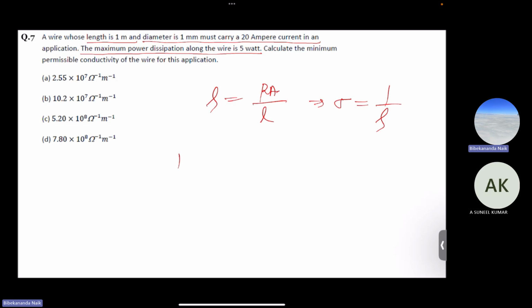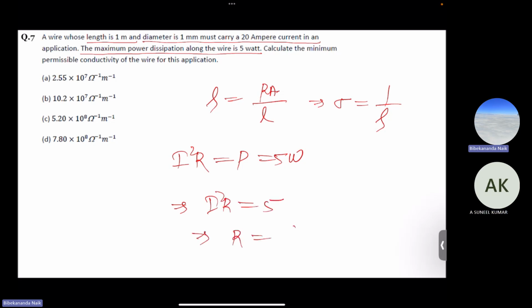Again, the maximum power dissipation, if I be the current and R be the resistance, then the maximum power dissipation is I square R, which is power dissipation P. This is given 5 watts. So I square R is equal to 5.